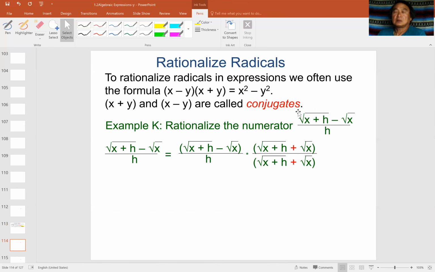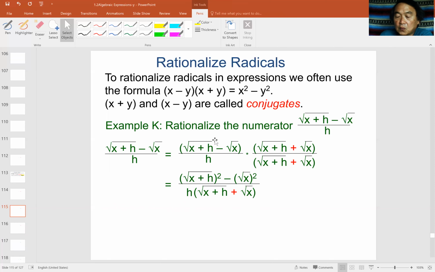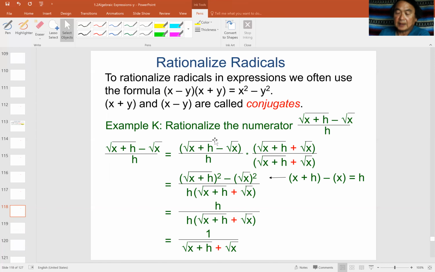Okay. Oh, use the conjugates. Because the conjugates multiply, you will have the square of the square root subtracting, and it will remove the square root from the top. And in this case, you run out h, and the h will cancel out, and then this is the answer.